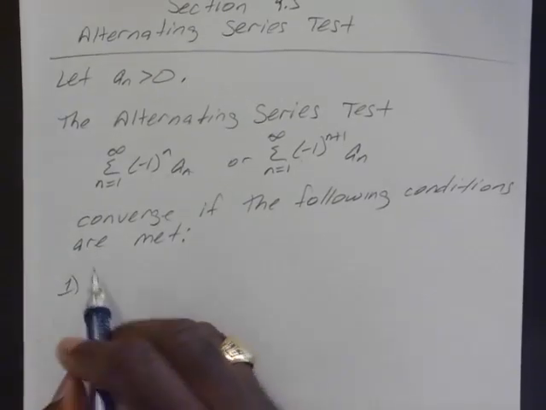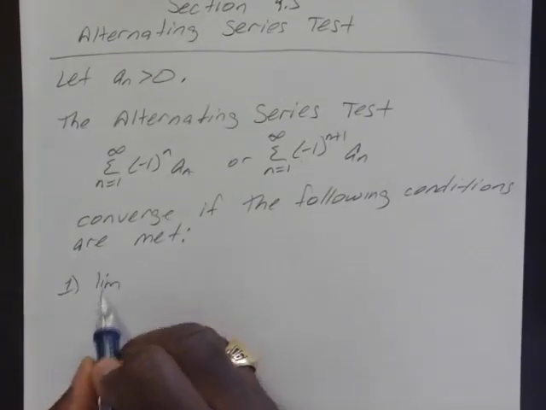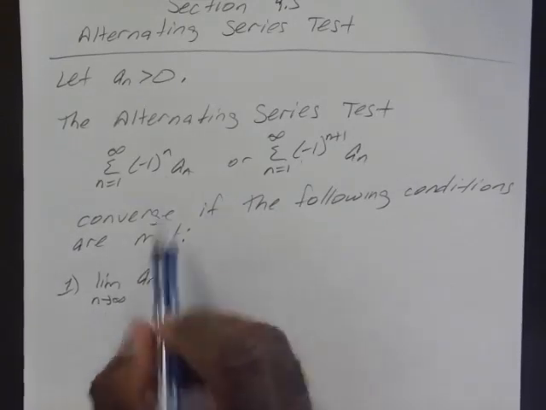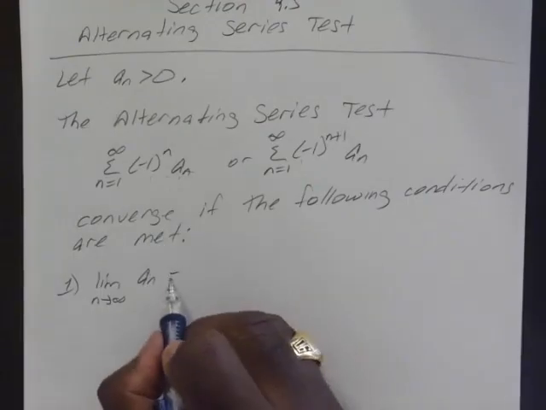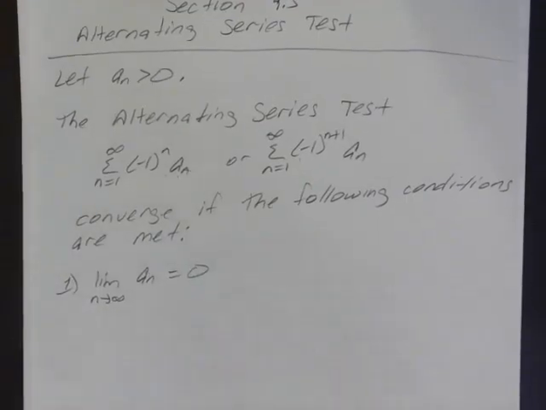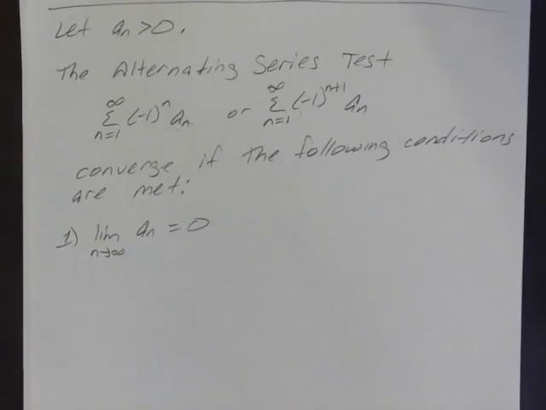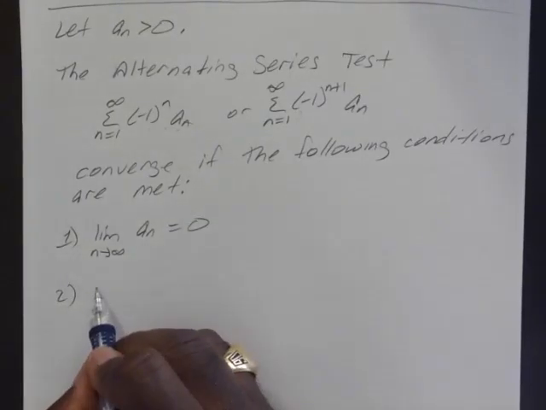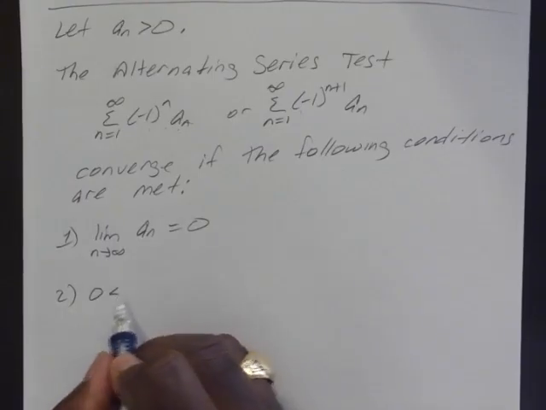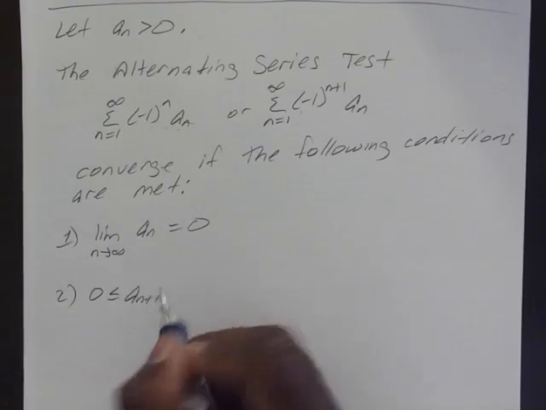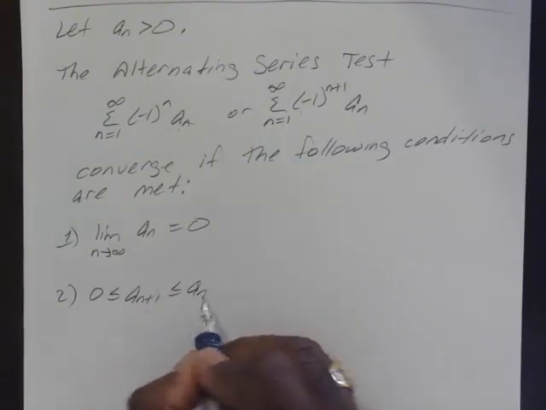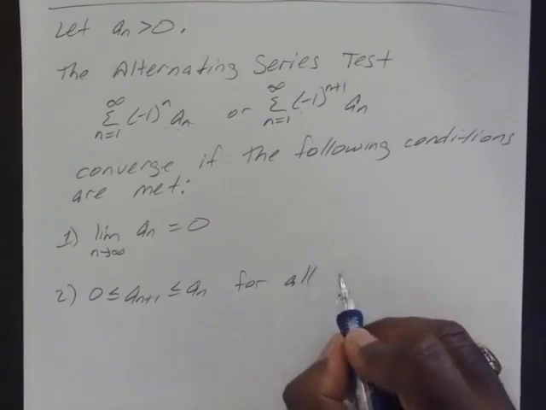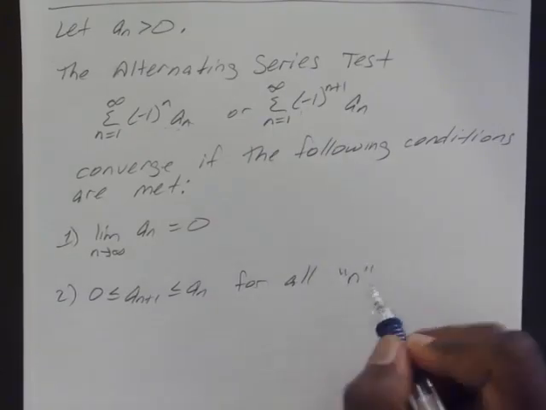Okay, the first condition is that the limit as n approaches infinity of your a sub n is equal to 0. And the second condition is that a sub n plus 1 is less than or equal to a sub n for every value of n.